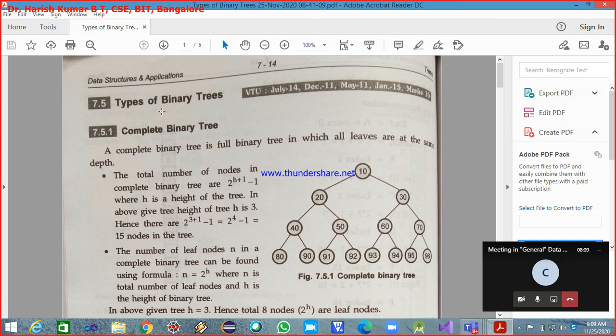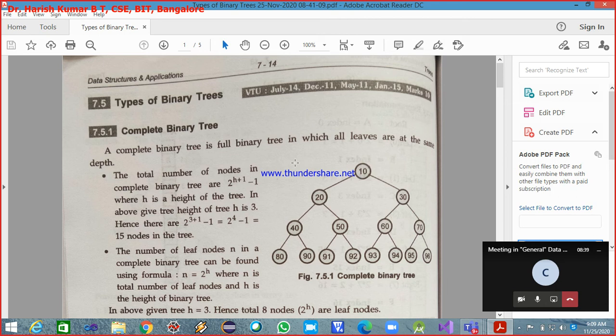See, when I say a tree, I can go for building a tree where a node has more than two child nodes also. But it's called binary tree here because a node, see what you're observing here, can have at most two children. This one has two children, 20 and 30. So that is why they are called binary trees.